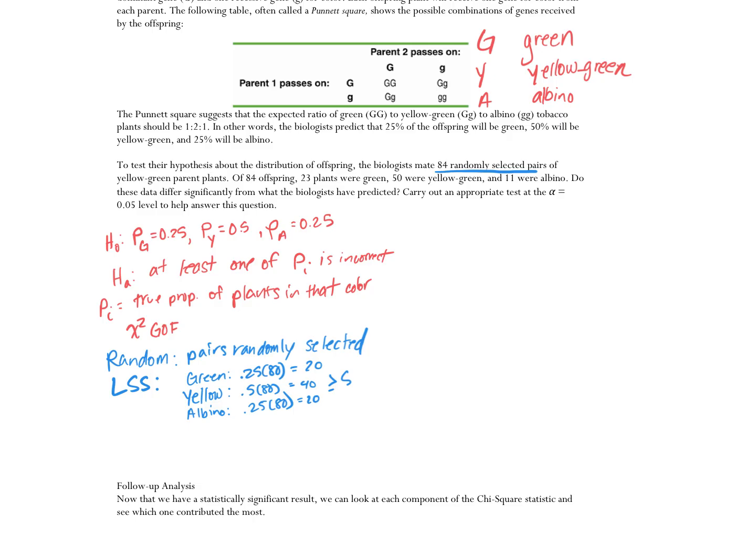Why did you use 80? Because that's a wonderful question, and I should not have. Sorry, I was using the wrong number. So then that would be 21, 42, and 21. Everybody good?